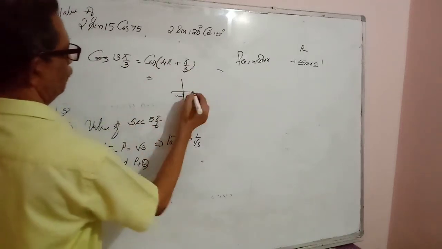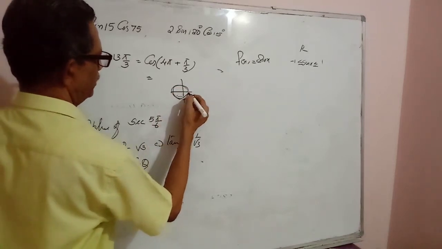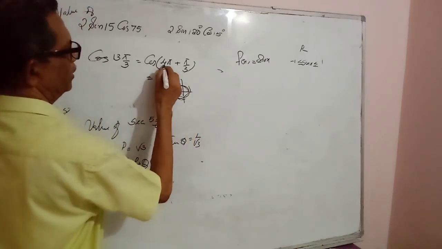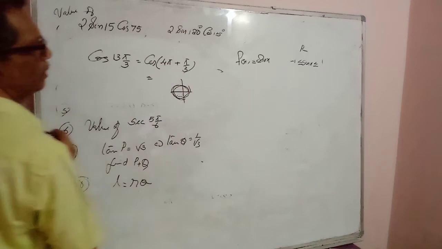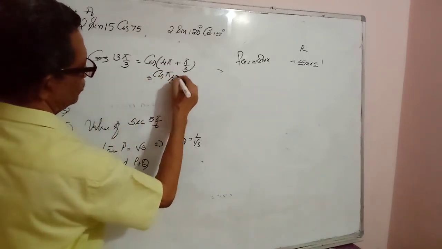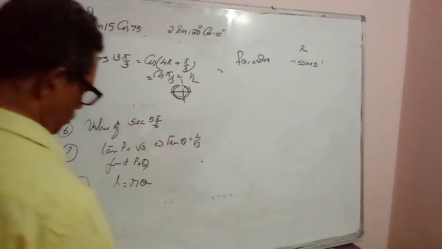So 4 pi means 1 pi, 2 pi, 3 pi, 4 pi, plus pi by 3 in the first quadrant, where cos is positive. An even multiple of pi by 2, this is 8 into pi by 2, so cos remains as cos pi by 3. Cos 60 is 1 by 2. The value of cos 13 pi by 3 is equal to 1 by 2.